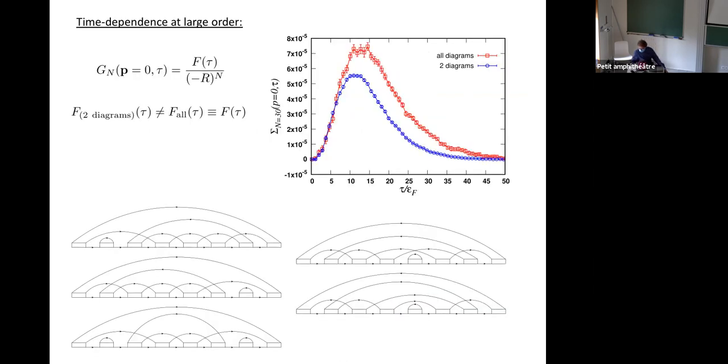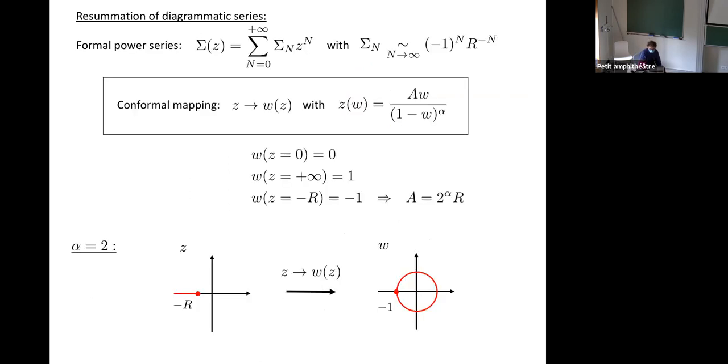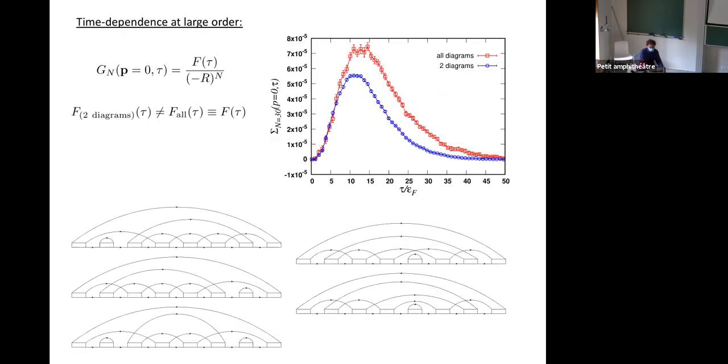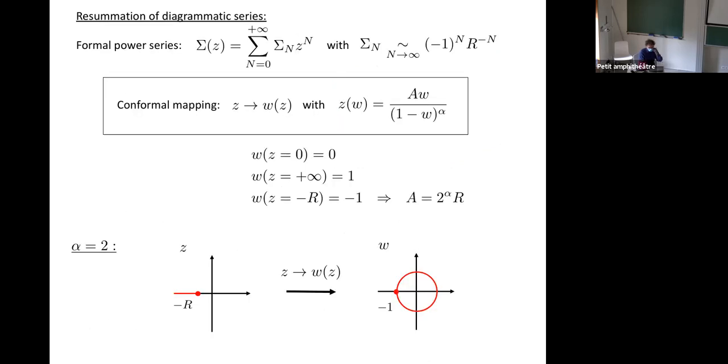Then finally, I will explain how we can get the quasi-particle properties with a high precision, because the series which we have is exponentially divergent. Formally we have this power series, for example for the self-energy, which is a sum over n, all orders, of sigma n, the contribution at order n, times z to the power n.